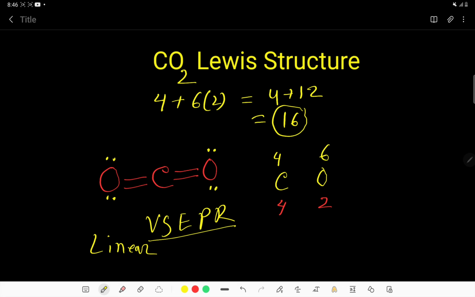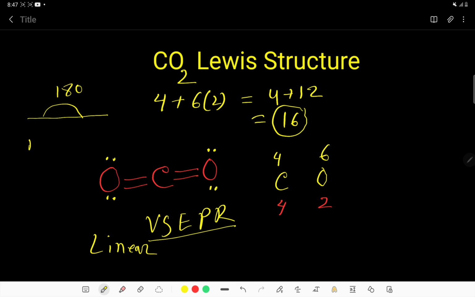So it is not a bent shape. Carbon dioxide doesn't have any bent shape. It has a linear shape due to no presence of a lone pair on the central atom carbon. So the bond angle between oxygen, carbon and oxygen is 180 degrees. Look, this is linear, so the bond angle will be 180 degrees.